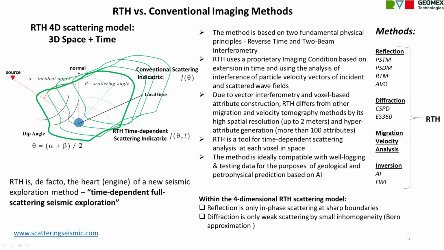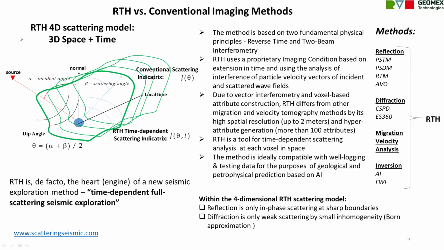Due to vector interferometry and voxel-based arbitrary construction, reverse time holography differs from other migration and velocity tomography methods by high spatial resolution, up to 2 meters voxel size. It generates hyperattributes, 100 of them. RTH is a tool for time-dependent model scattering, which depends not only on space but on local time. This method is ideally compatible with well logging and testing data for geological and petrophysical prediction.